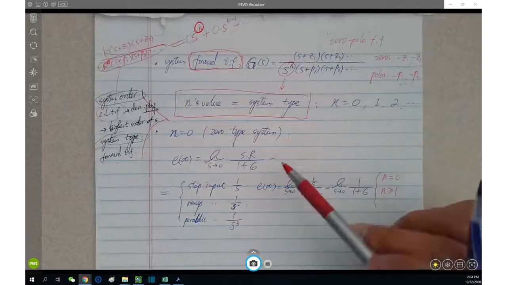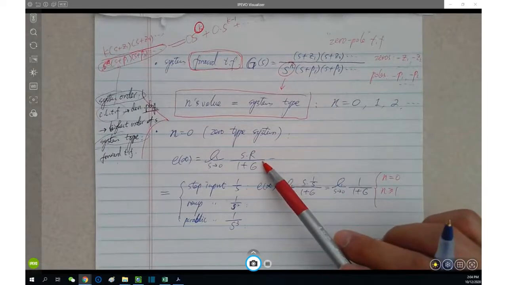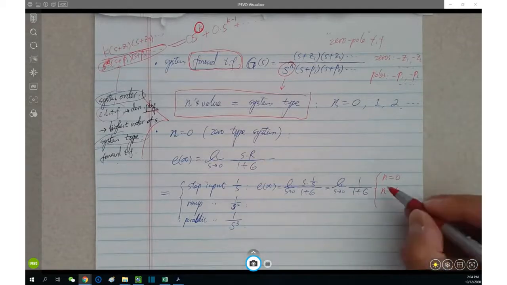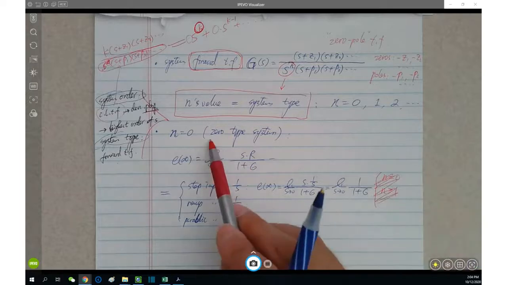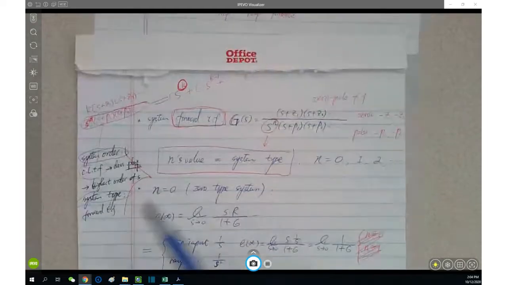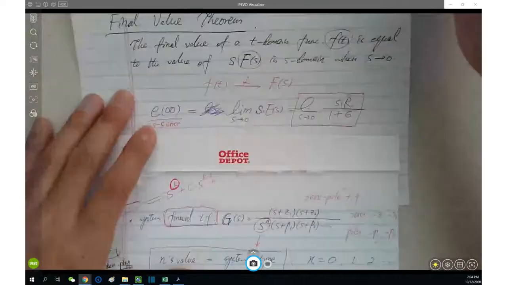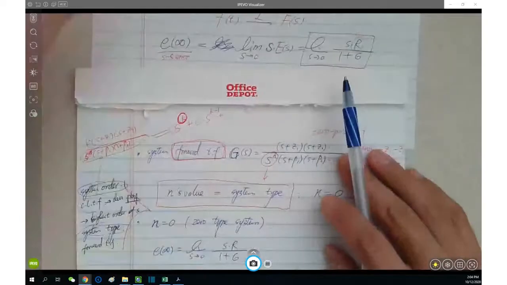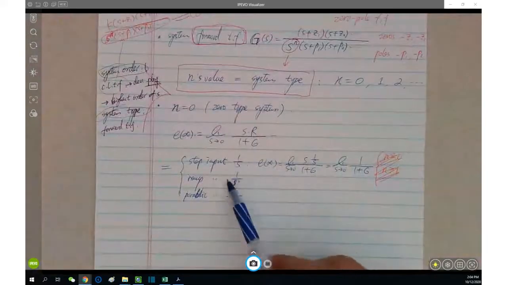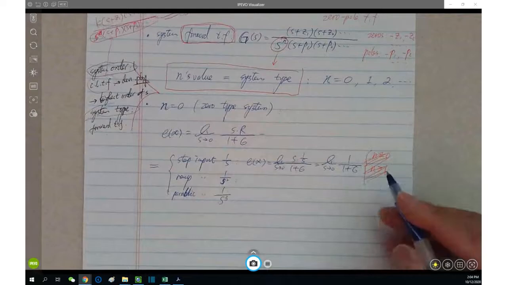So according to this zero type system, this is the steady state error formula we derived on the previous page, up here, right? Up here, and then here. And then for 3 different inputs, you have 3 different results here.